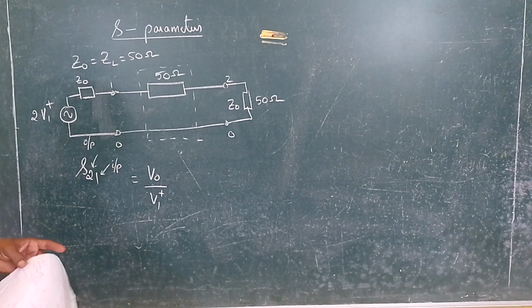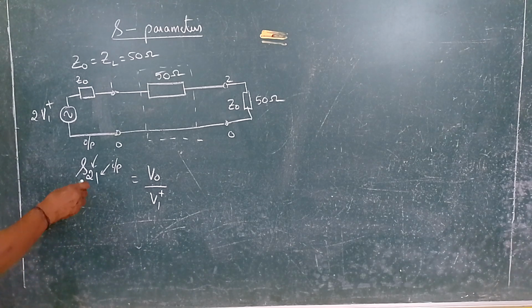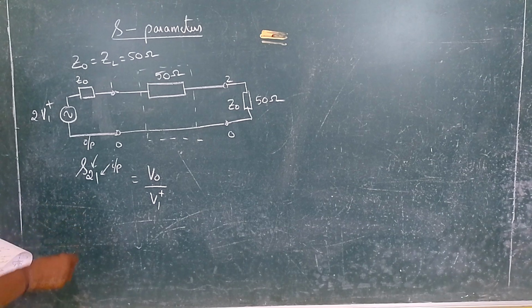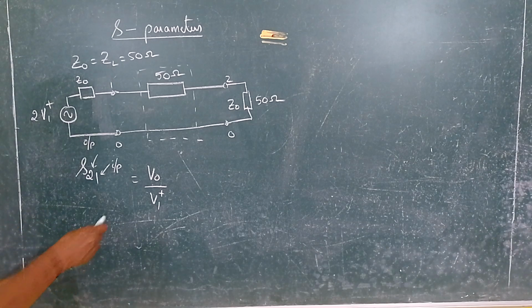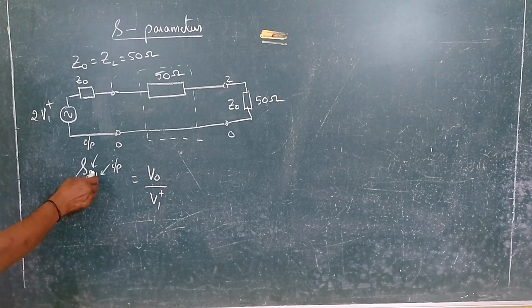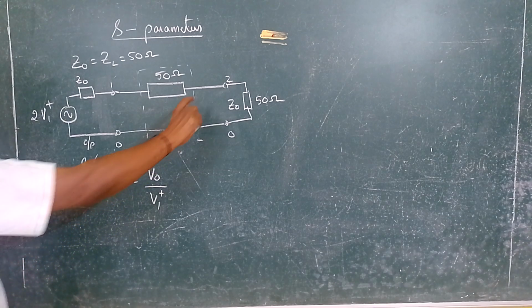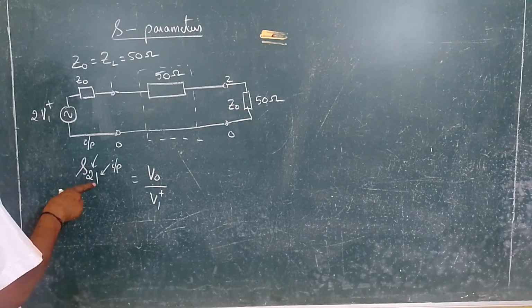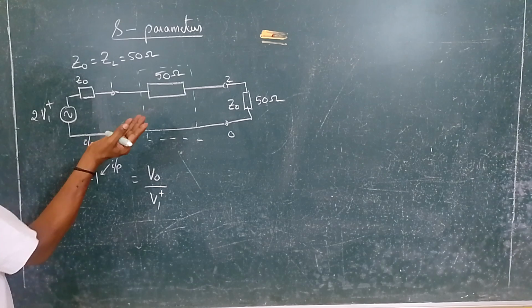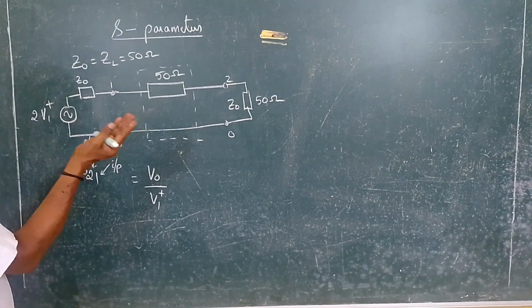So now we have to find out S21, which is V0 by V1 plus, because 2 is the output and 1 is the input. At port 2 we are taking the output, and at the input we are feeding energy into the two-port system.